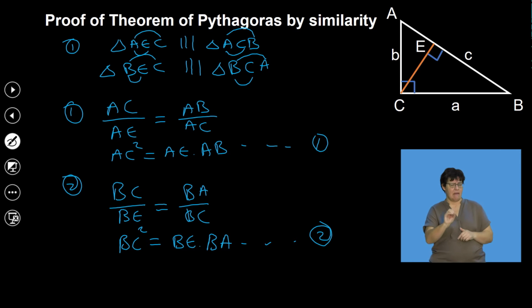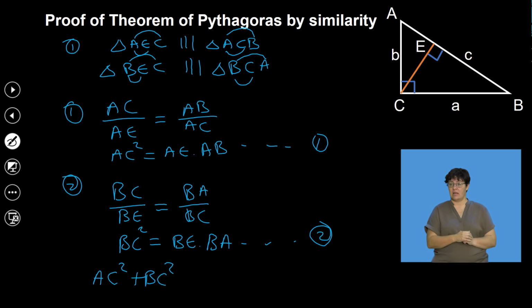Now you can already see that if I was to add these two, then there will be some similarities that I'm going to find there, right? So let me just show you what I mean. I'm going to say, if I can say AC squared plus BC squared, let me show you on the diagram. The AC squared will be the small letter b there, plus the BC squared will be the small letter a.